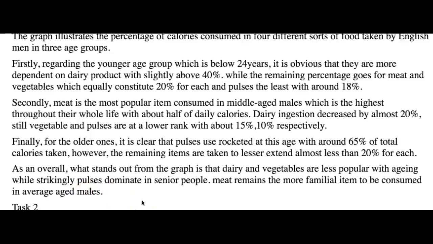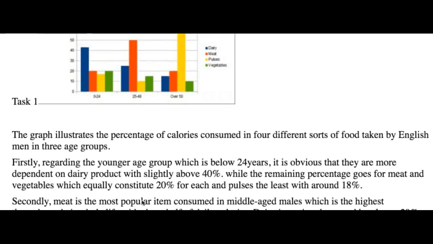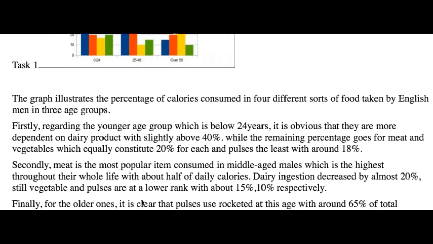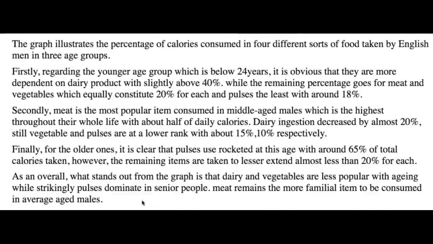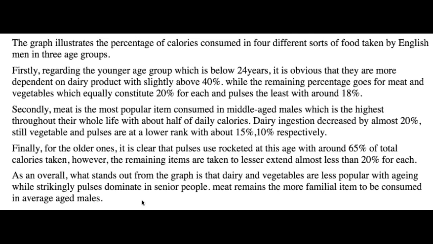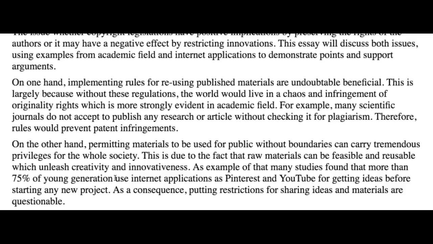Or even better, overall, each age group had a clear favourite. The youngest preferred dairy, the middle group preferred meat, and the over 50s had a clear preference for pulses. Okay? That's the main story behind the graph. And we say the same as you did, but with less words. Okay? So good work there, Ban. Still got some improvements to be made.